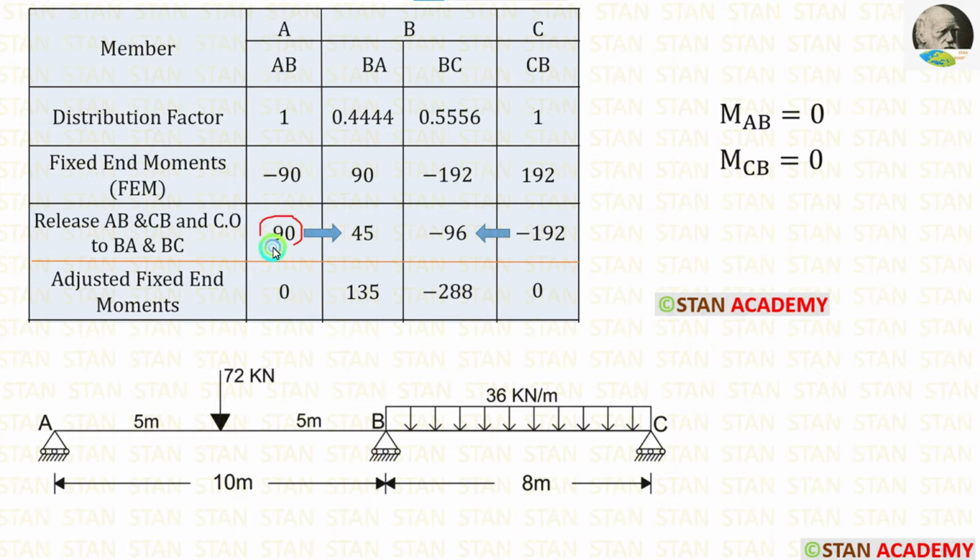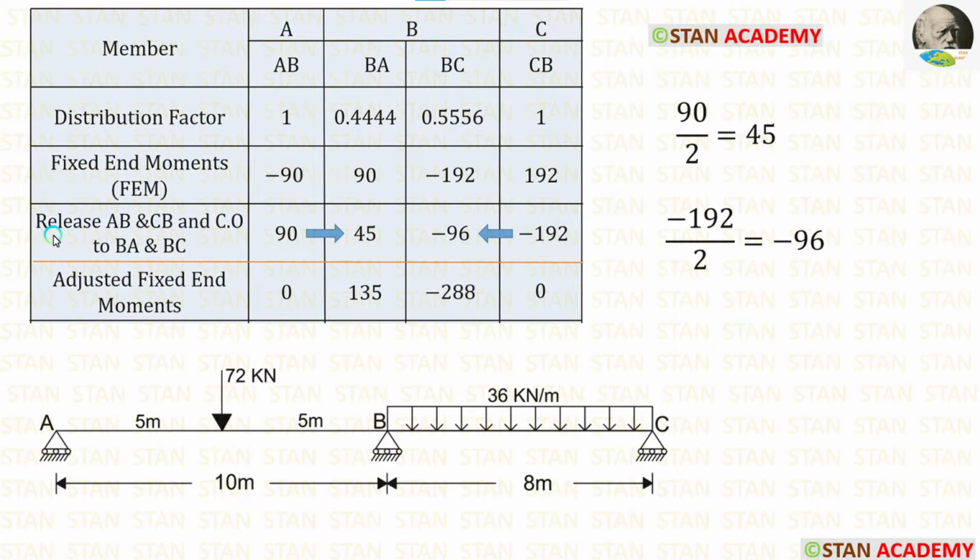When we add 90 with this minus 90, we will get 0. For CB, the fixed end moment is 192. When we add minus 192 with this 192, we will get 0. In this way, we can make AB and CB 0. We have released AB and CB.